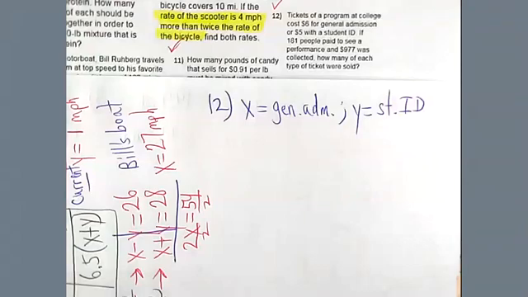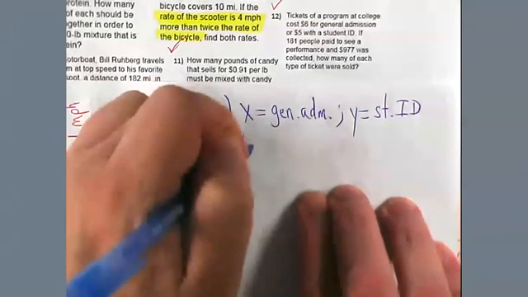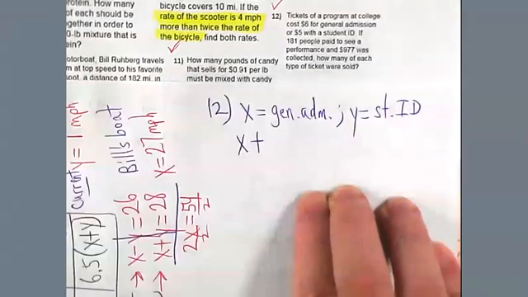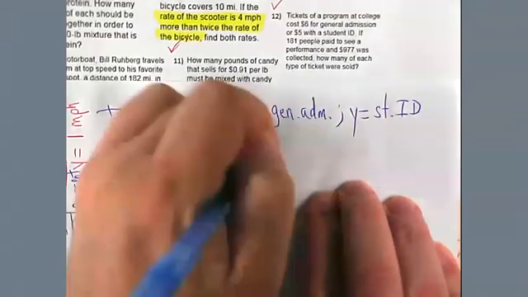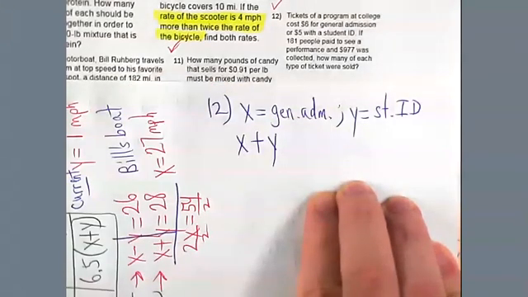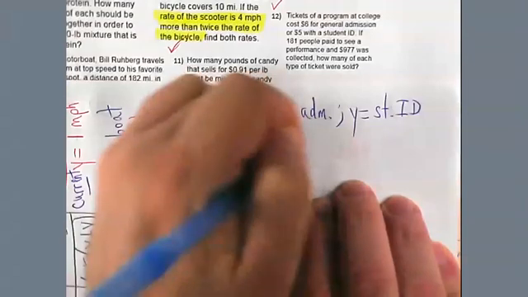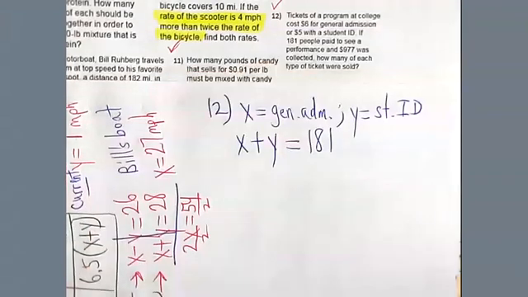Now together, 181 people bought tickets. So together just means addition. Our first equation in the system is the general admission tickets plus the student ID tickets, and that's equal to 181 tickets sold.